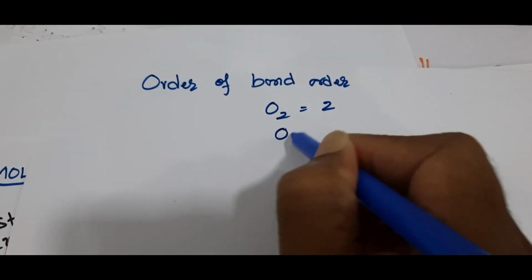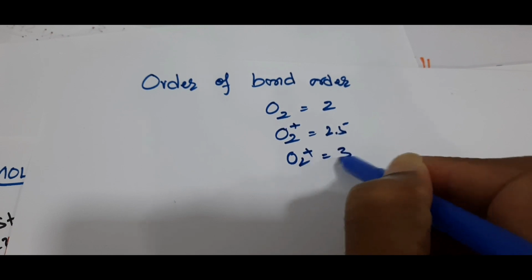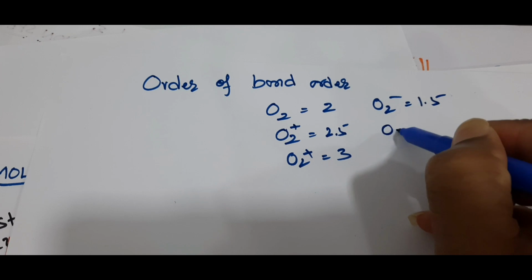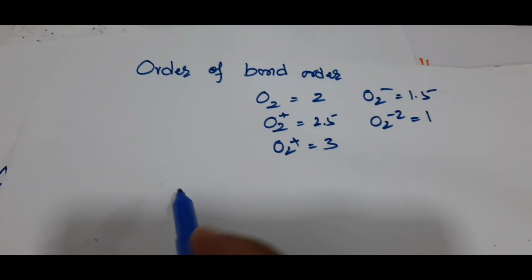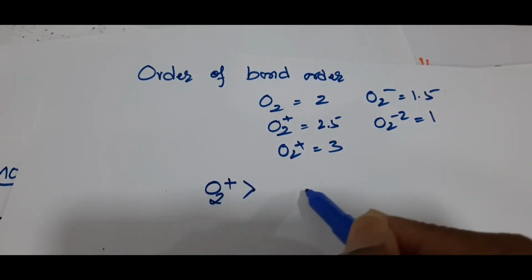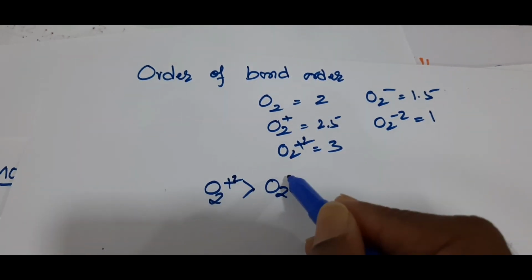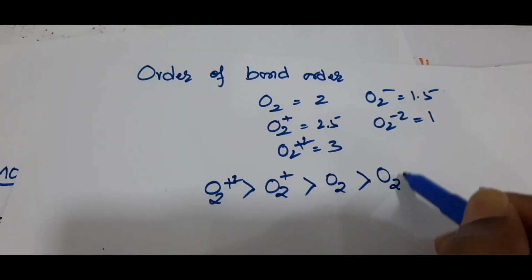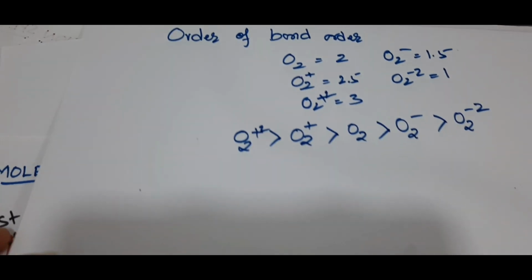O2 is 2, O2 plus 2.5, O2 plus 2 is 3, O2 minus 1.5, O2 minus 2 is 1. Which one has the highest bond order? O2 plus 2. So O2 plus 2 is greater than O2 plus, greater than O2, greater than O2 minus, greater than O2 minus 2.